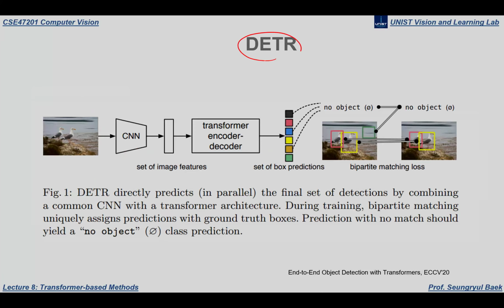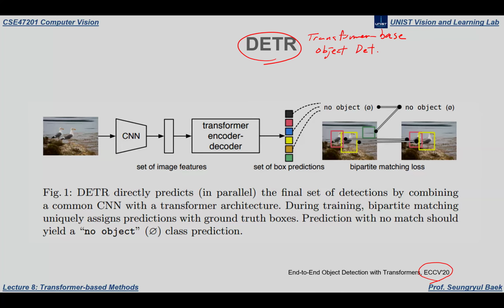But the next thing we have to learn is DETR. This is a more complex architecture, and it appeared slightly ahead of the Vision Transformer. This is the transformer-based architecture for the object detection application.